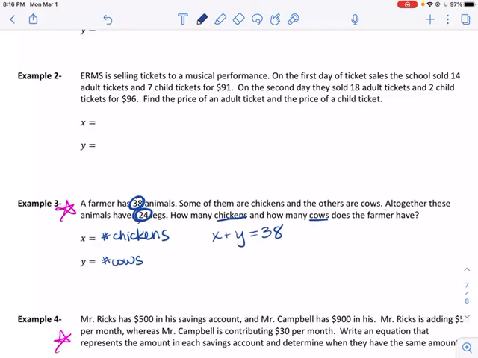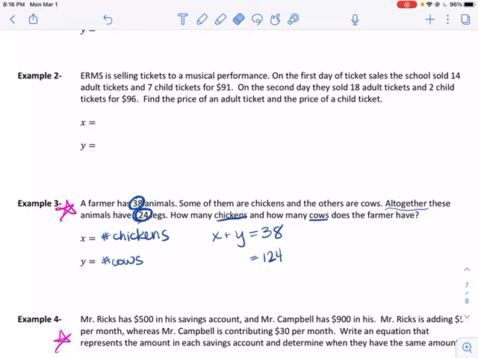Anytime you're talking about altogether or a total, that usually indicates that that number is going to be alone because it's the total. A lot of students make this mistake. They're just like, okay, altogether 124, altogether 124. But it doesn't make sense for X plus Y to equal both 38 and 124. So there's something else that's got to happen here.